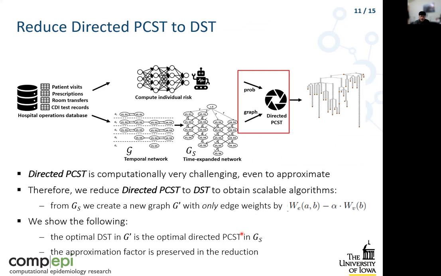And we also show that the optimal directed Steiner tree in the new graph is in fact the optimal directed prize-collecting Steiner tree in the original graph. And we also show that the approximation factor is preserved in this reduction.